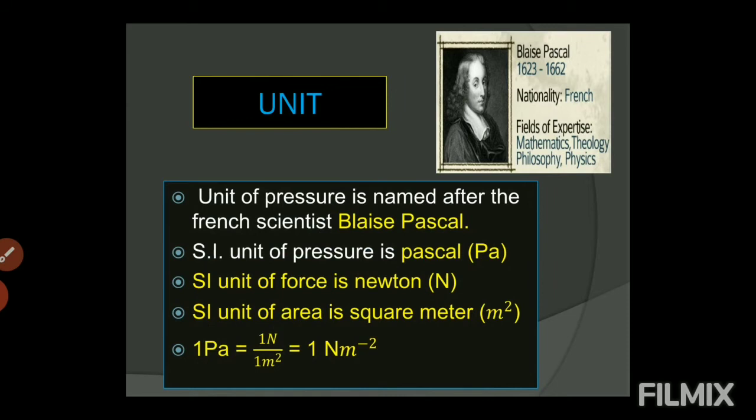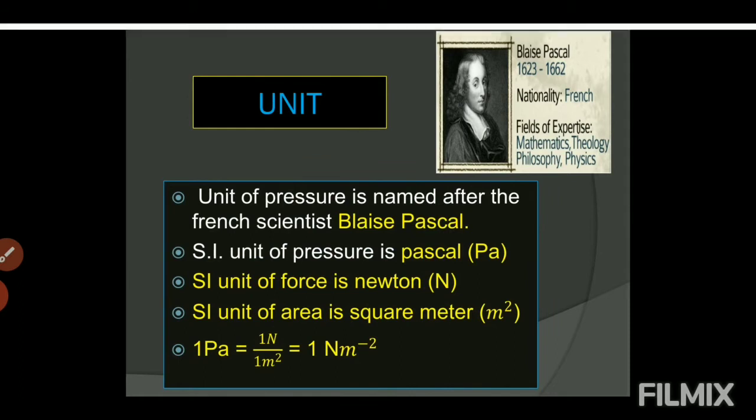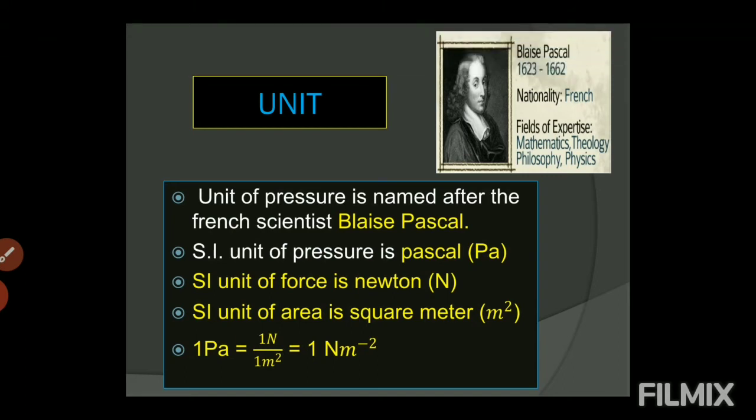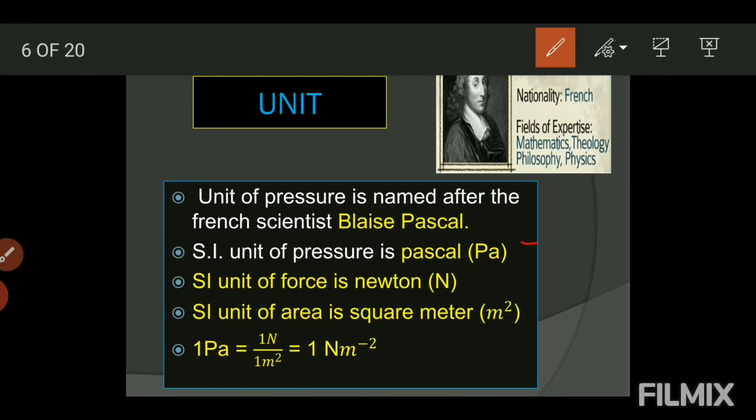What is the unit of pressure now? The unit of pressure is named after the French scientist Blaise Pascal, and it is Pascal. Because it is the name of a scientist, it has a capital P and a small a. The SI unit of force is Newton. The SI unit of area is meter square.